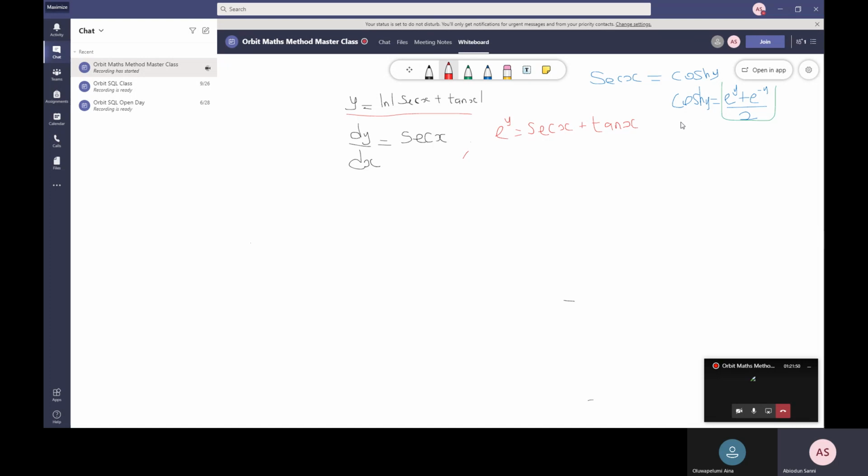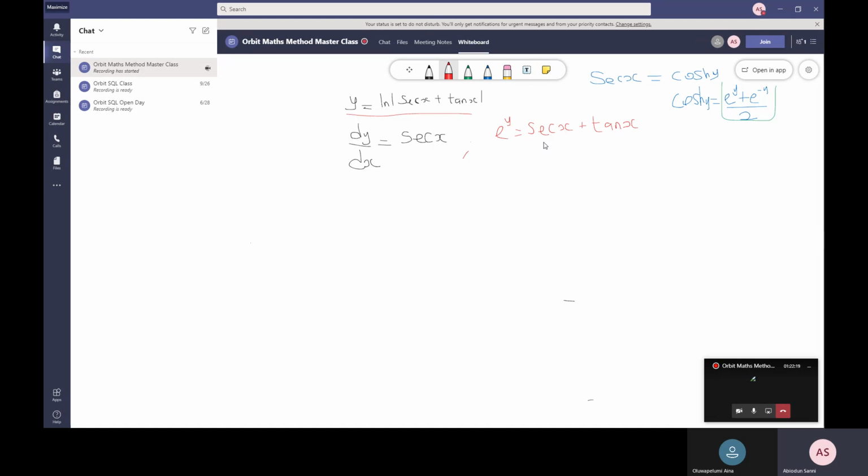So how can we get to this point? I have exponential y already. I want to show that sec x is equal to cos y. This is sec x now.